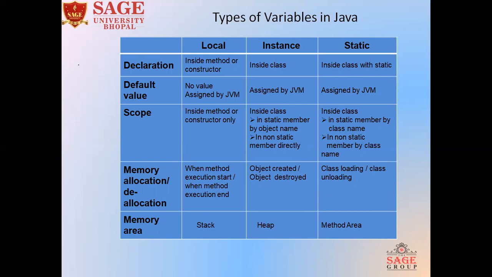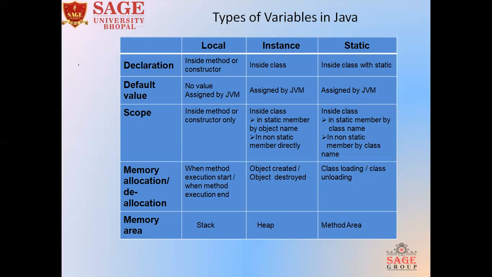If we talk about the scope, a local variable has scope only within the body where it is declared, either in a method or in a constructor or in any block. An instance variable is accessible inside the class. But in a static member, if we want to access the instance variable, we have to create the object first, then we can access it.